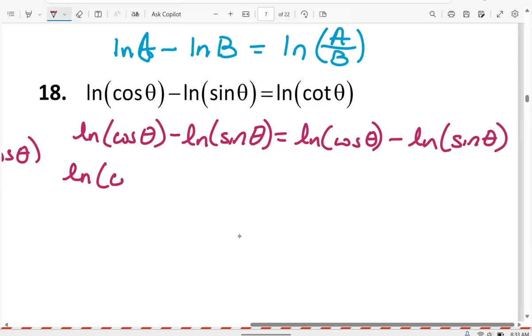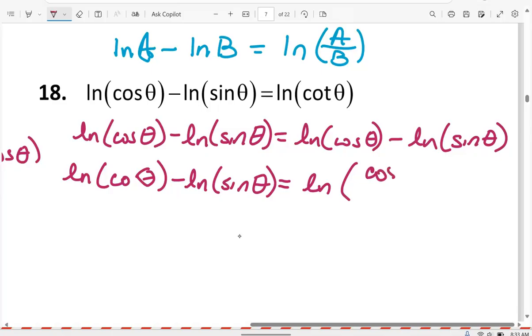So the left side will remain natural log of cosine of theta minus the natural log of sine of theta, but we can use that natural log property on the right side. So the right side can be transformed into the natural log of the cosine of theta divided by the sine of theta.